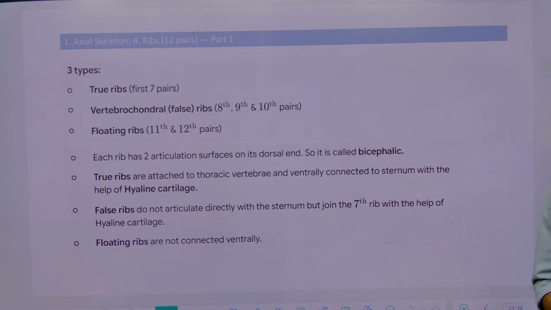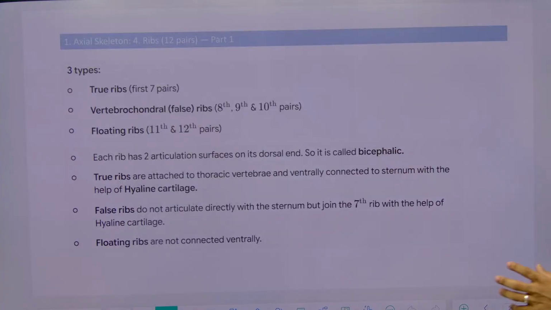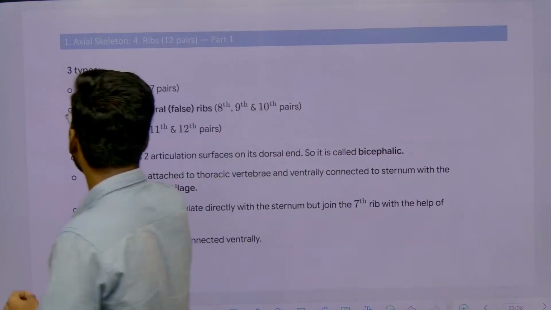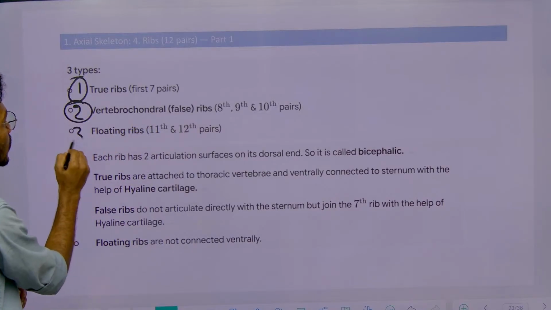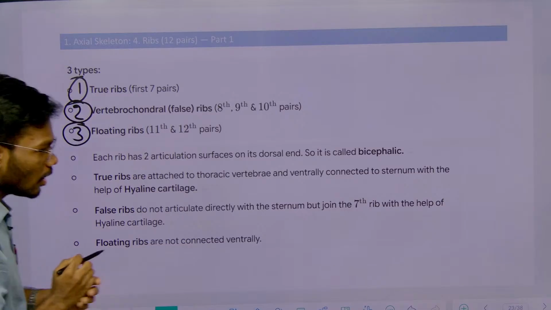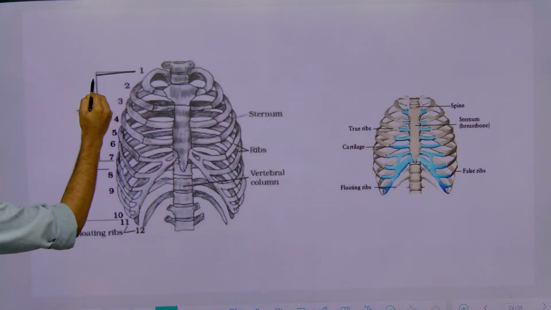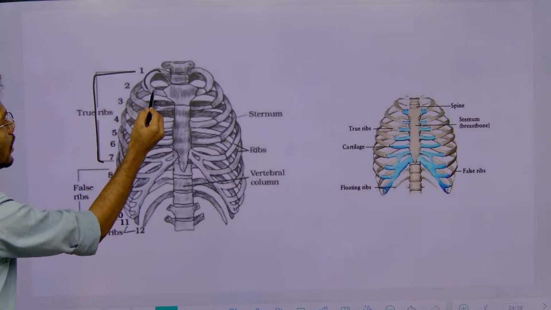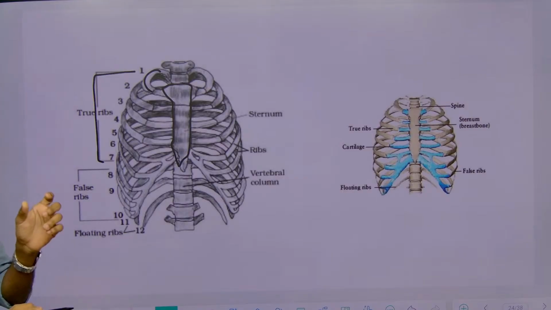Next one, we are coming to the ribs, right? If you identify these ribs, we have three types of ribs. One is true ribs, the second is vertebrochondral ribs, and the third is floating ribs. If you understand this diagram, starting with 1 to 7, all these ribs are connected to the sternum with some cartilage.